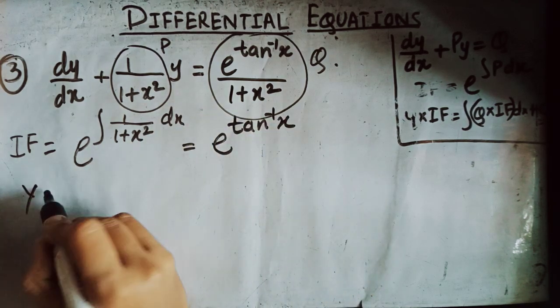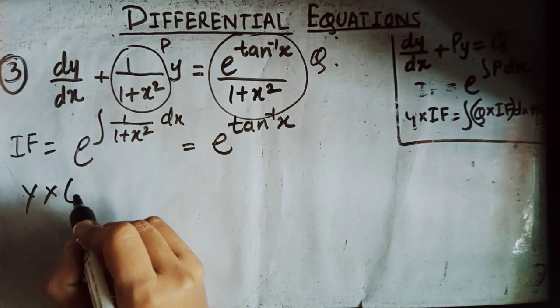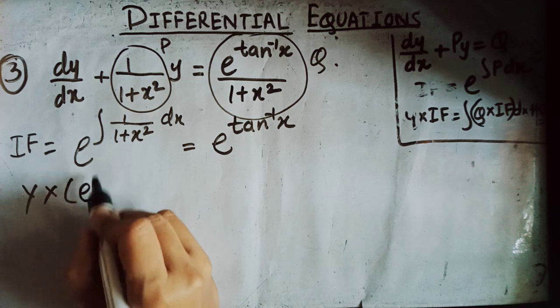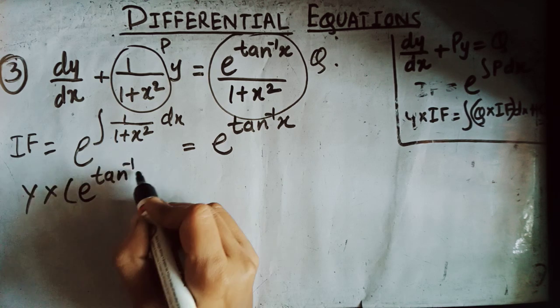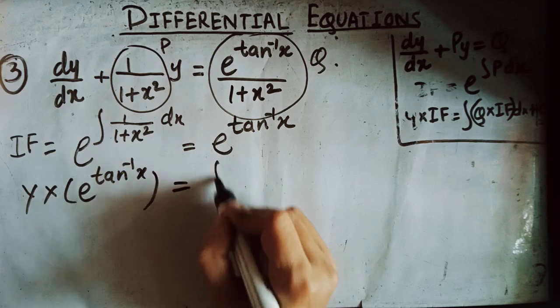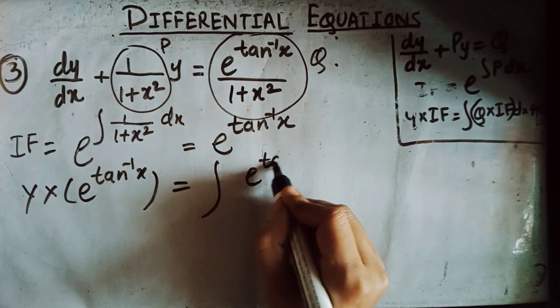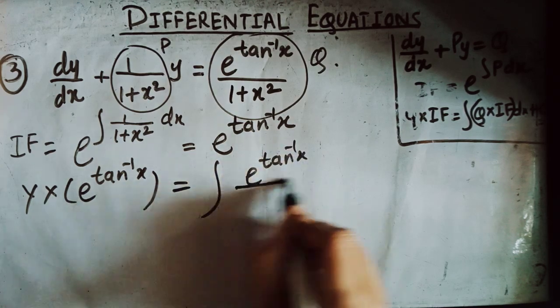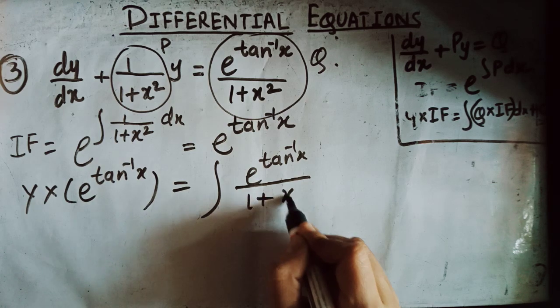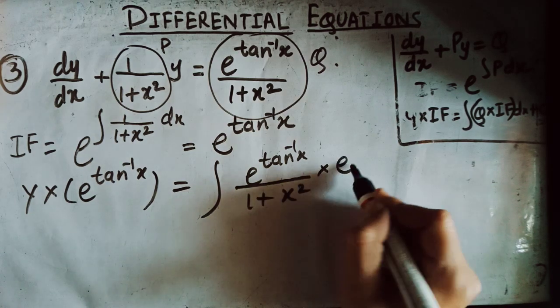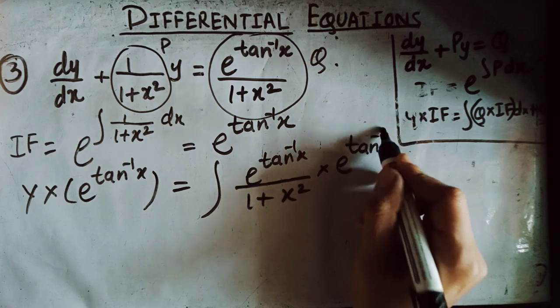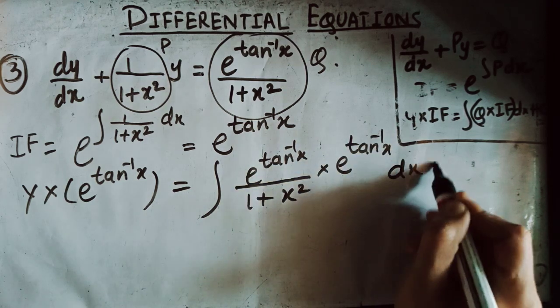So y into the integrating factor, that is e raised to tan inverse of x, equal to integral of q e raised to tan inverse of x, that is tan inverse of x upon 1 plus x square into e raised to tan inverse of x dx plus c.